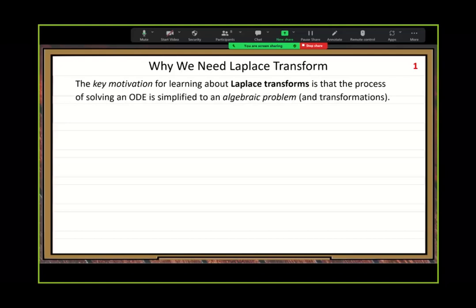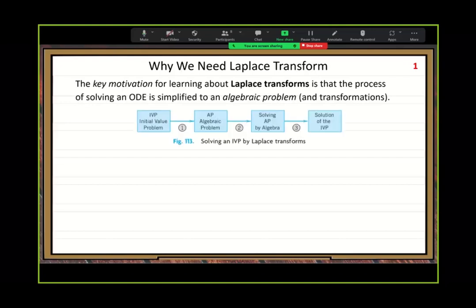Differential equations. So you just use our basic algebraic skills. We solve the algebraic equations. Then, after we get the solution, we do the inverse Laplace transform back to the original domain. So we get the original solution. That's the idea. Very interesting.